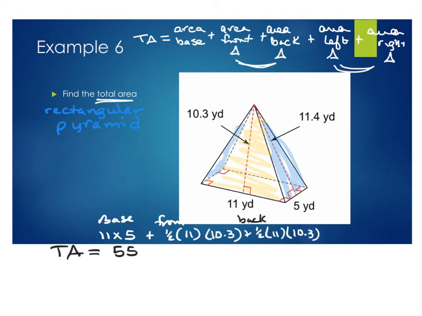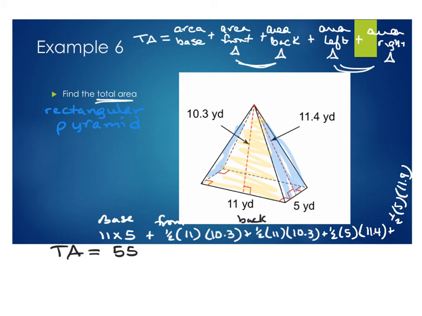And then now I'll do the triangle on the left side and the right side. Over here, you can see it has a base of 5 and a height of 11.4. So 1/2, 5 times 11.4. That would be for the left. Same for the right. 1/2, 5 times 11.4.